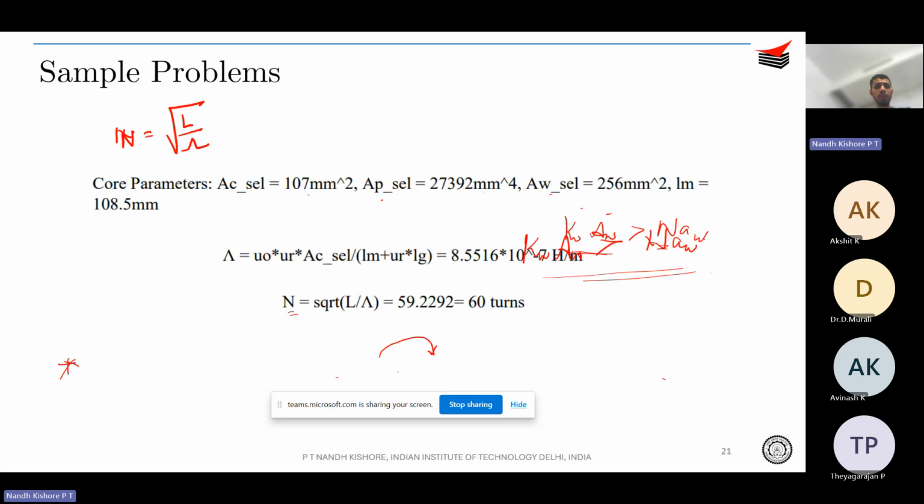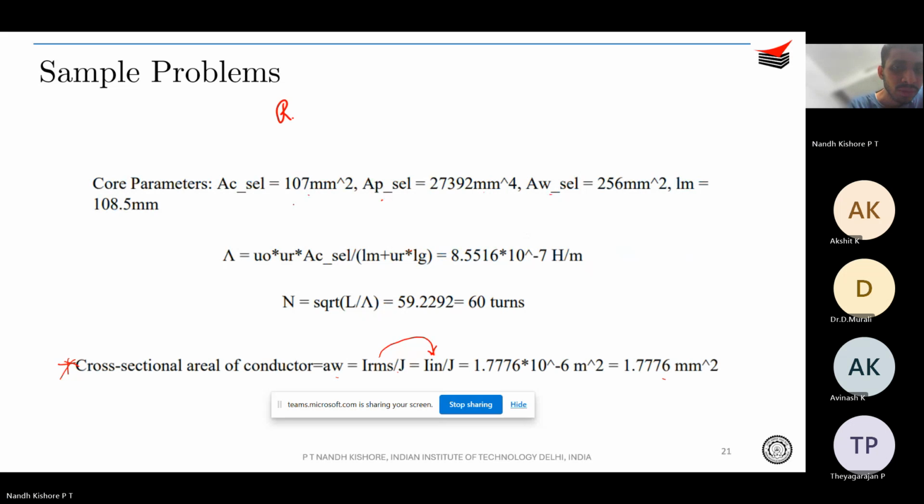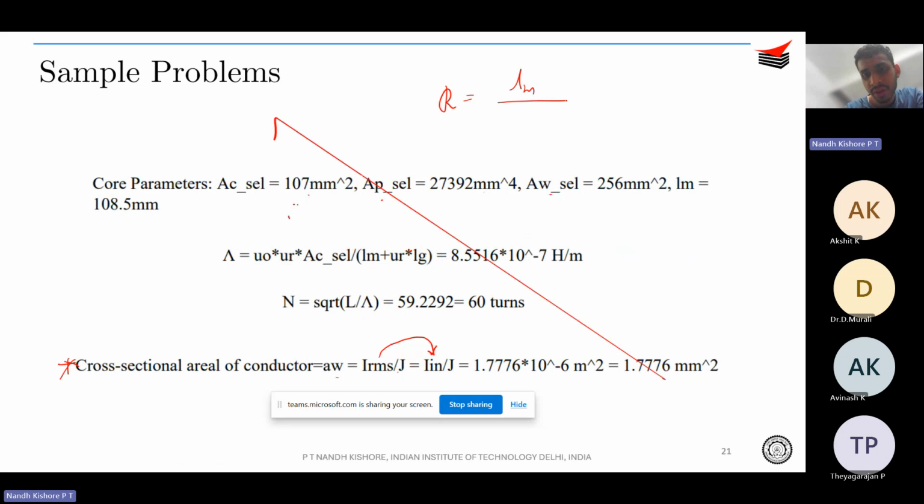So you would know what is L, correct? And from the given geometric parameters, you can calculate what is the permeance. Again, reluctance is something that we know: reluctance is basically lm divided by μ0 μr Ac plus lg divided by μ0 Ac.